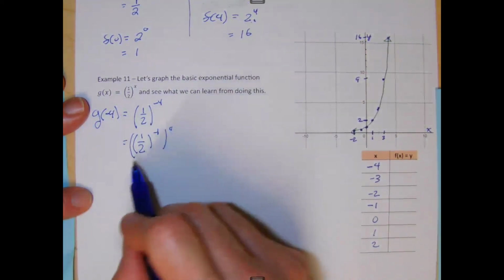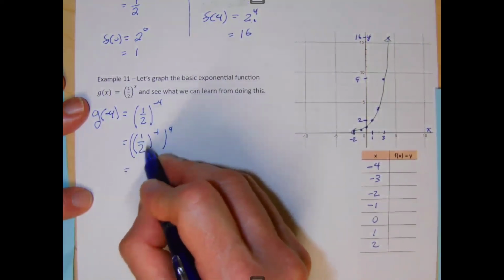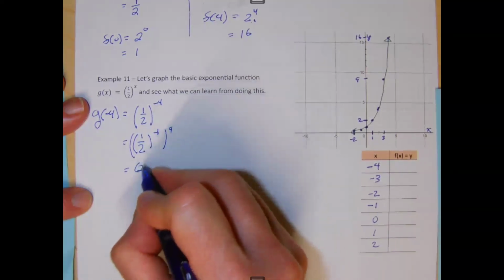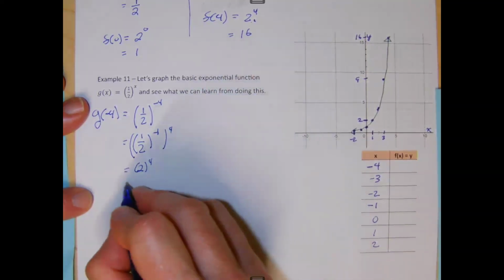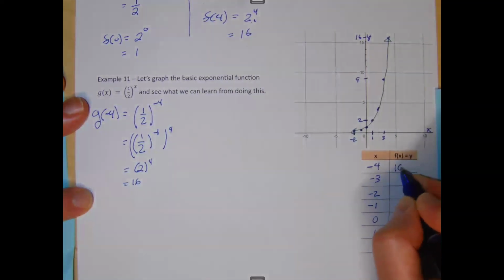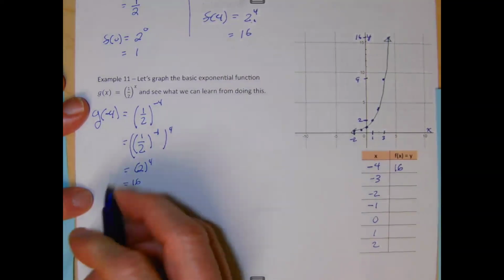So now I have a power to a power. When I apply the -1, it just flips everything. It's a fraction. What was in the denominator goes in the numerator, and vice versa. So I get eventually 2 to the 4th, and we already saw 2 to the 4th is 16. So this becomes 16.